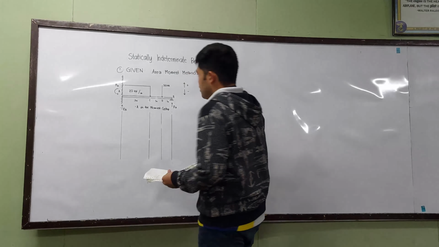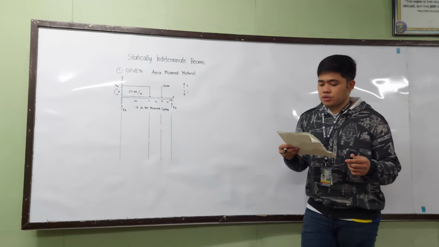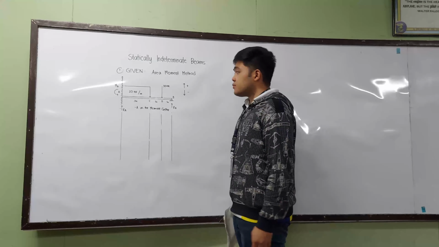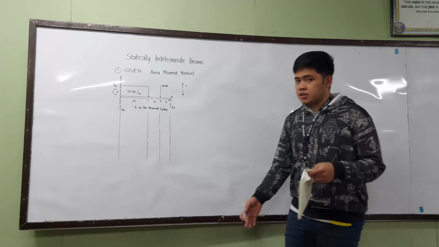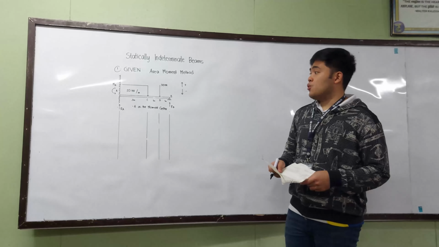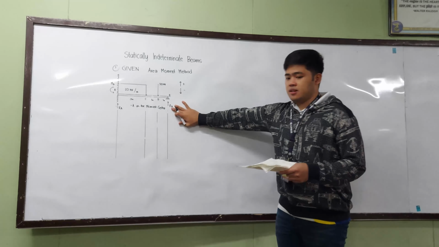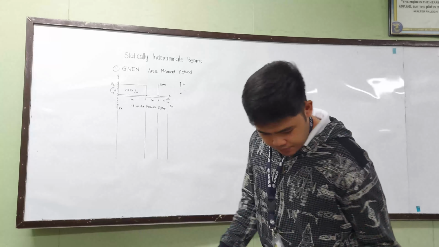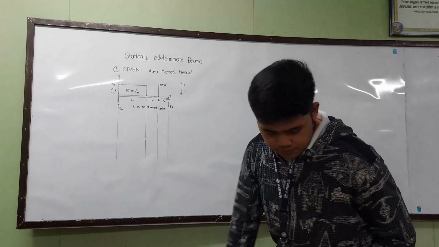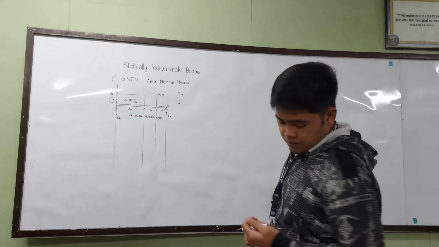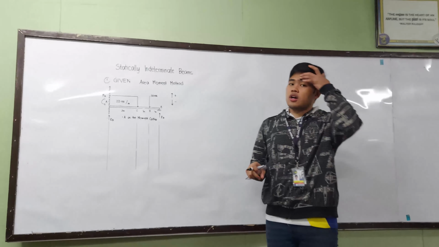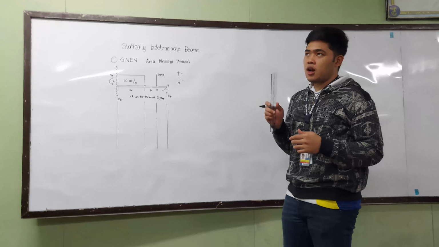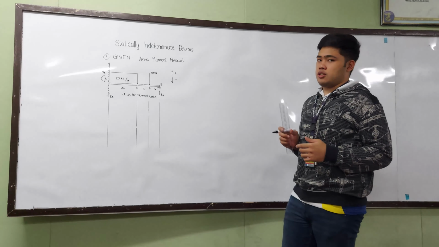Okay. So we have now thoroughly analyzed our given. So to continue, we need to continue the moment diagram by parts. So let's start from B. Since RB is going upwards, it's going in a positive direction.